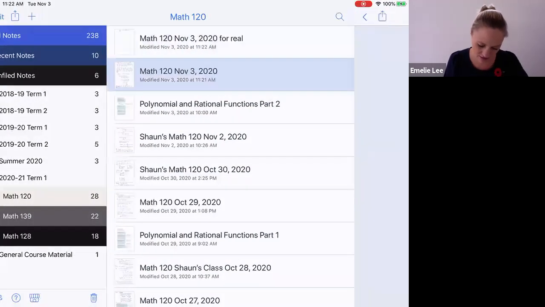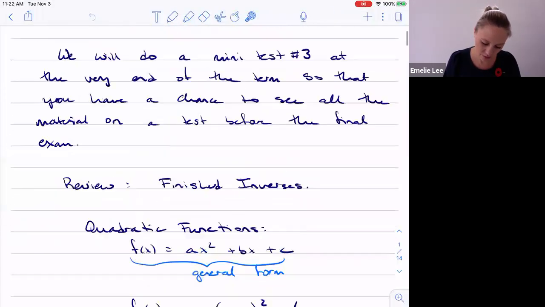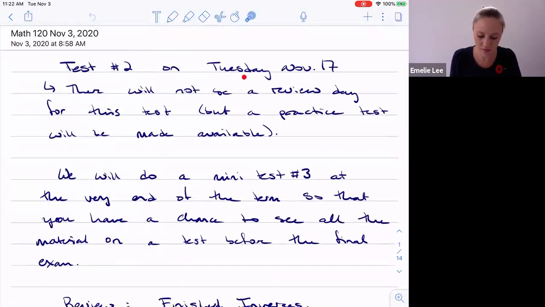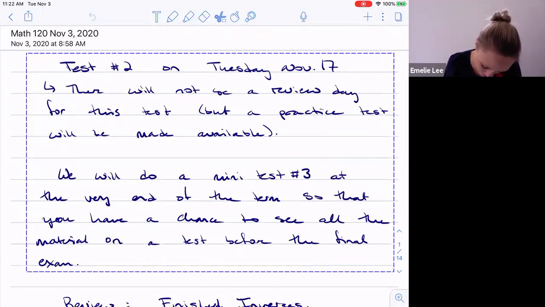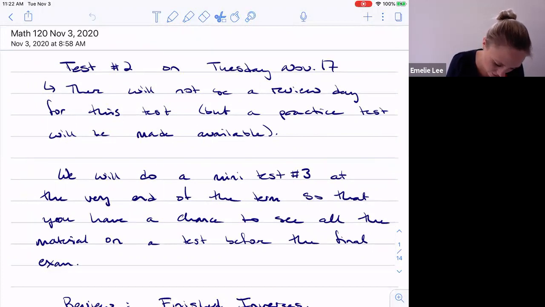Key things to note that were in these notes is that test number 2 is on Tuesday, November 17th. So what I'll do is I'll copy this over here.